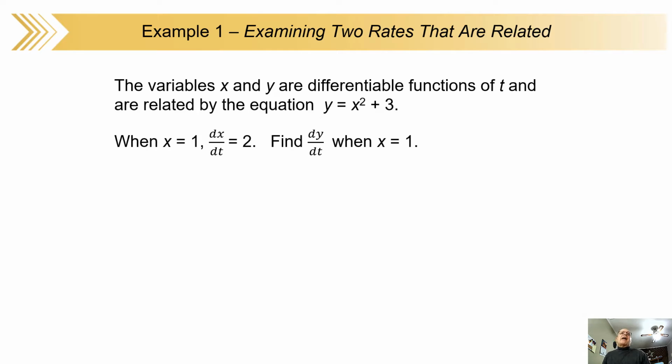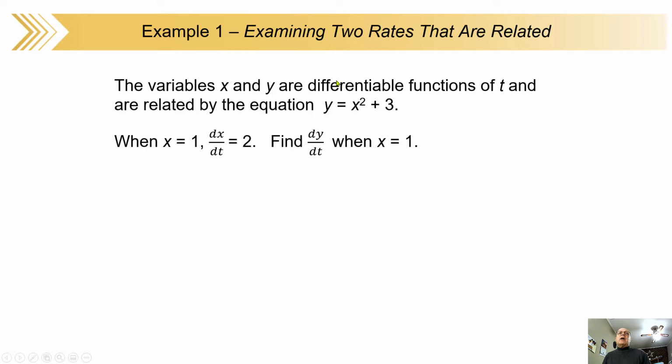So we've got an example for us to play with. We've got a relationship here, an explicit one to be exact. Y equals x squared plus 3. That looks pretty simple, but for the fact that we're going to be differentiating with respect to time. We've got a rate that involves time.